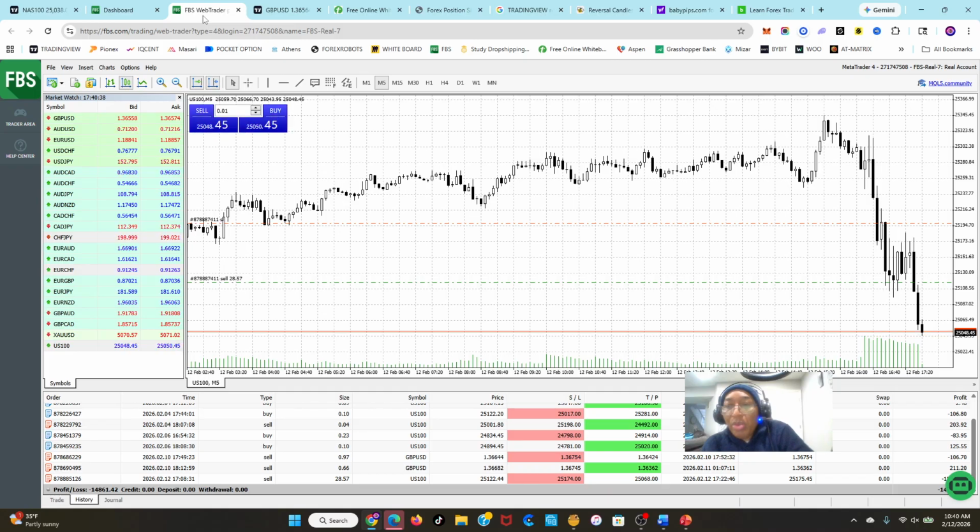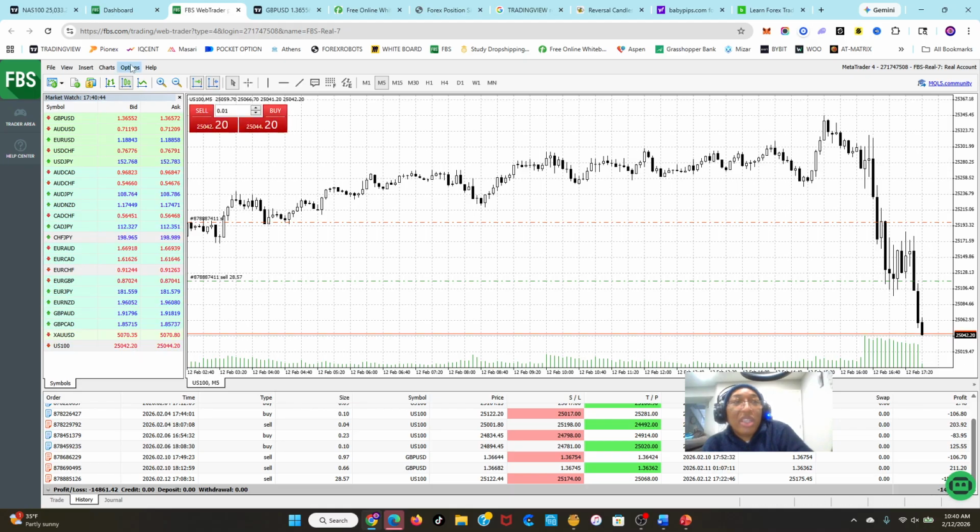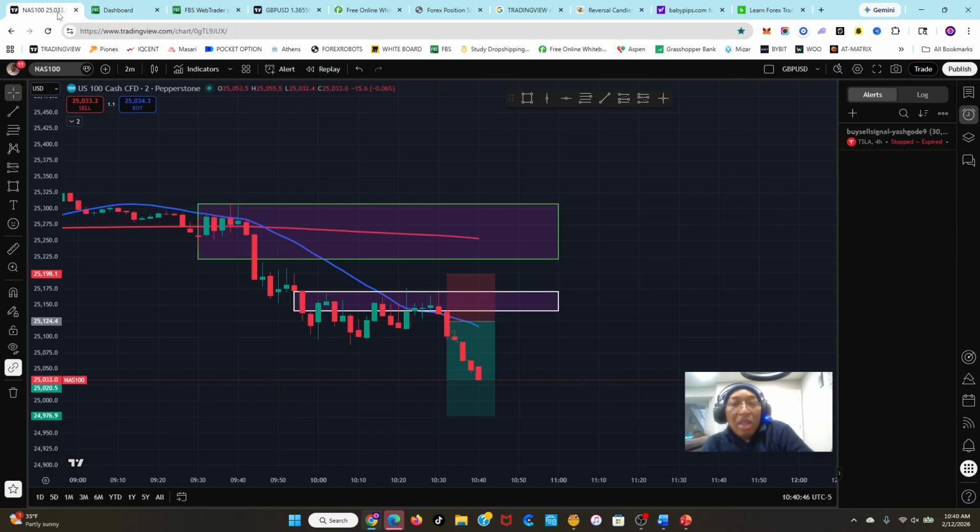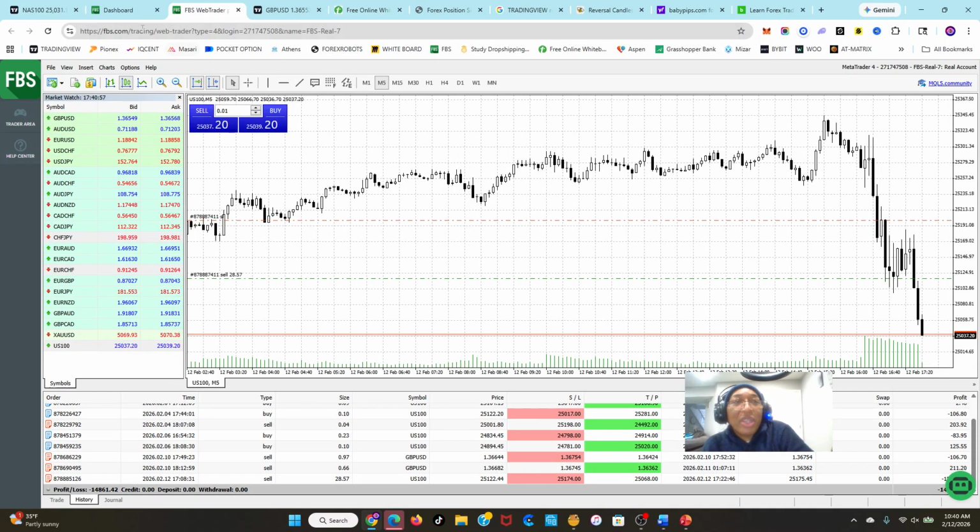So we're just hoping that NASDAQ keeps dumping as it's dumping right now. You can see it is moving down really fast. But I don't know if it will go that far. We can look at the trade. If we are up already, we can just close it. Let's see.